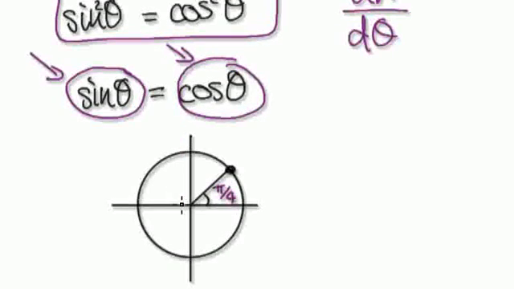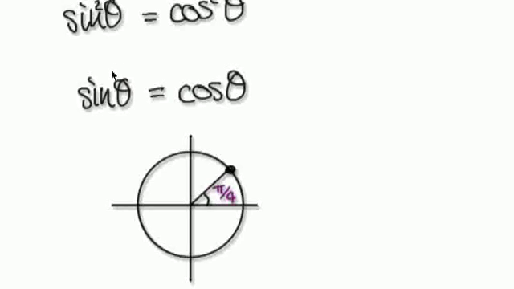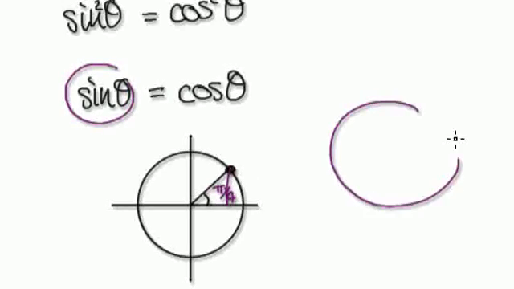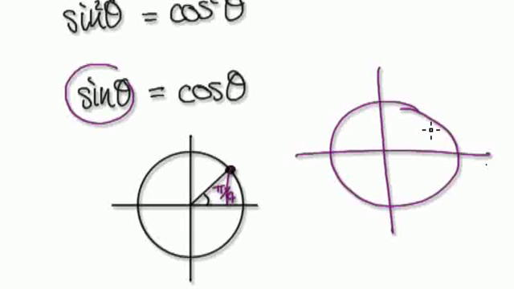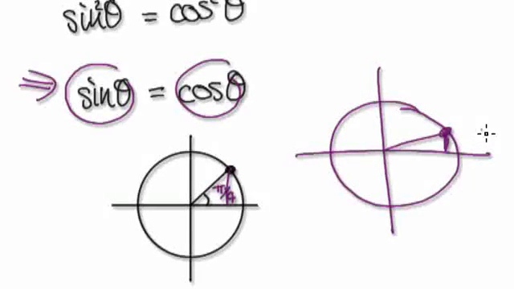Well, it's like you asking yourself, when will the height of a unit circle, let's say you've got a circle here, when will the height, which is sine theta here, be the same as the width here?